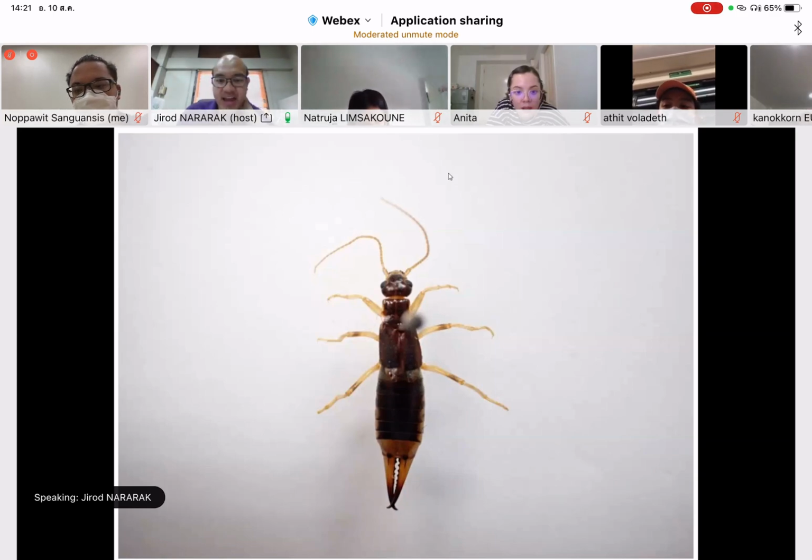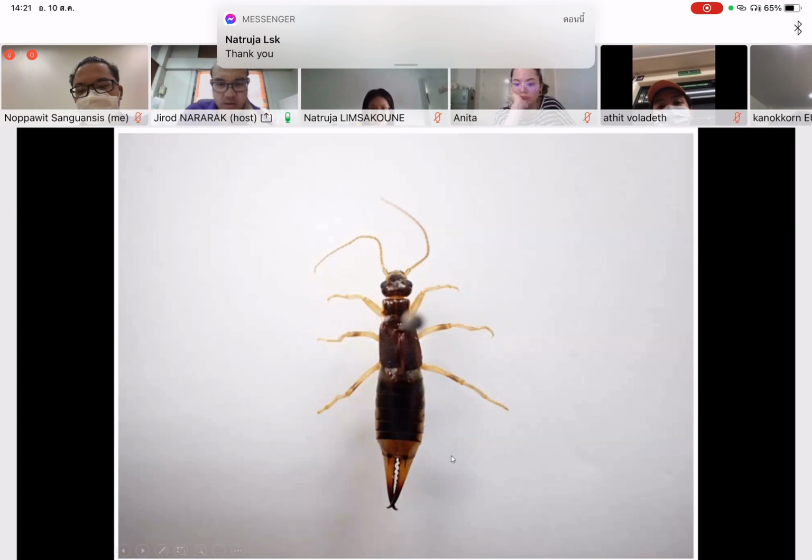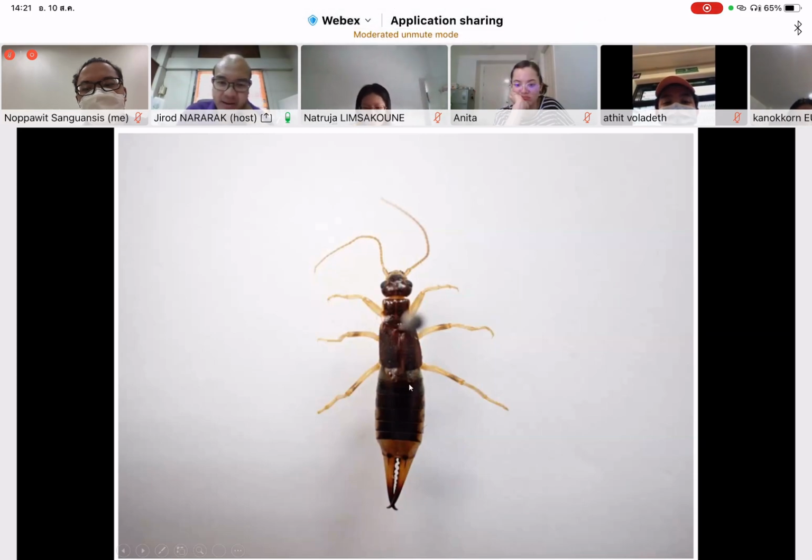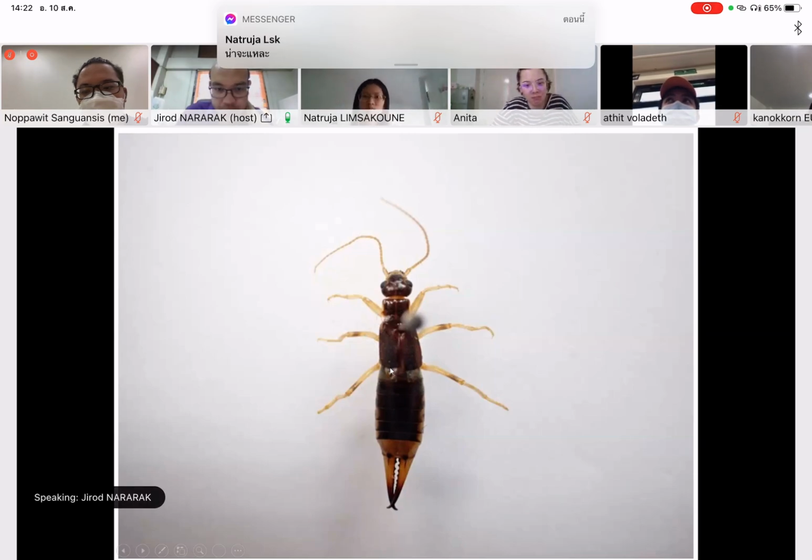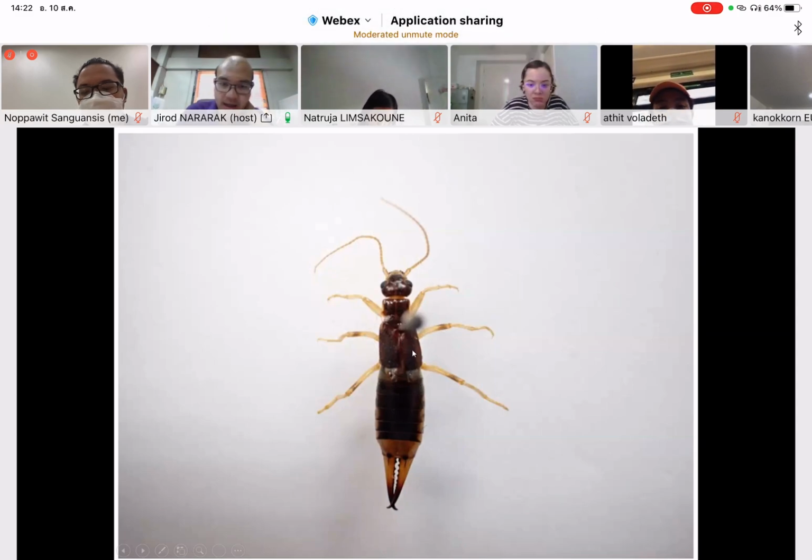This is the main characteristic you can see at the end: they have big, long cerci, and the front wings are reduced. It's pretty hard, I tried to find the clearest picture I could. You can see the front wing is short, then the hind wing here, and the thickened front wing.